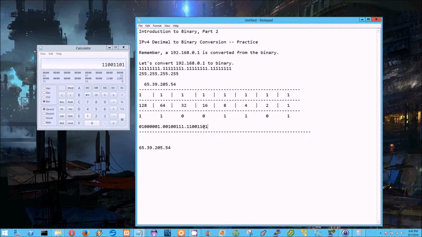And the last one is 54. Okay, 0, 0, 1, and that's going to be 22. Set it. It's going to be 6. Set it, set it. 0.